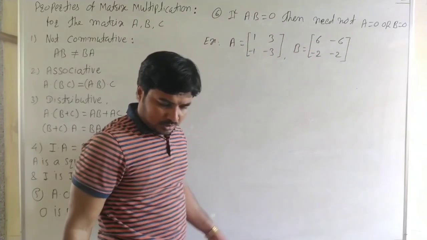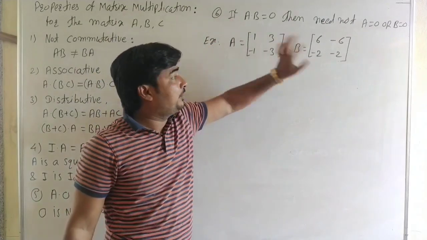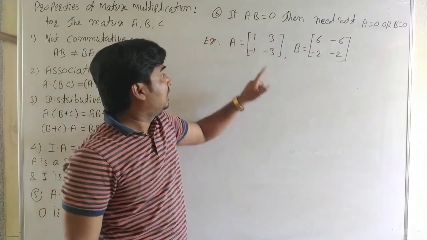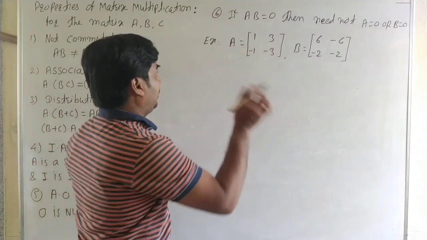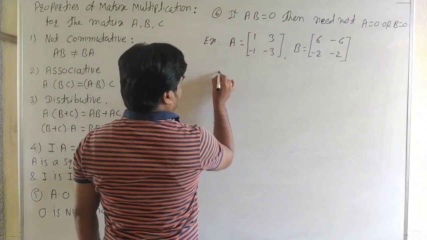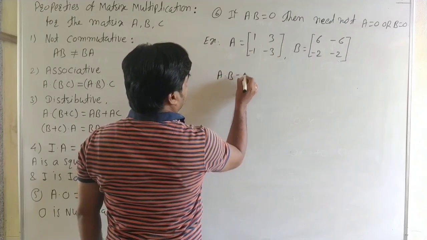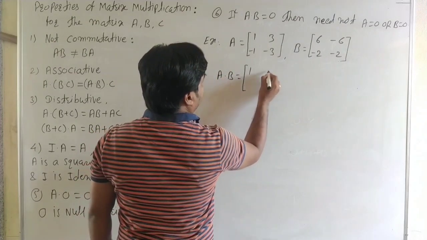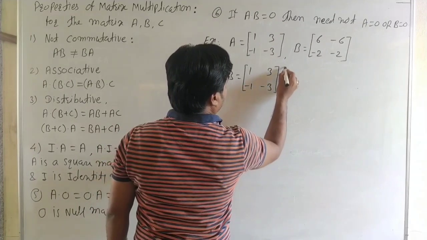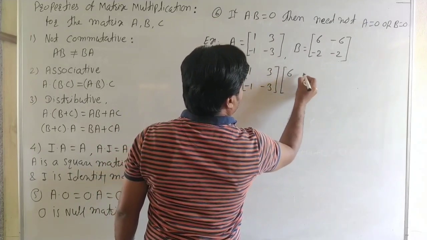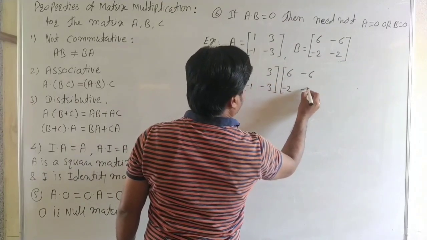These are the two matrices, A and B. These two matrices are not equal to 0, but when we take the product of these two matrices, A into B, it is [1, 3; -1, -3] times [6, -6; -2, 2].